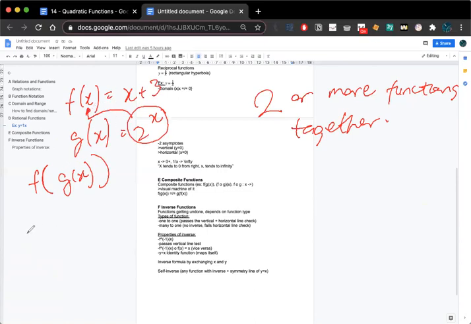So if you want to draw it visually, it would become something like this.